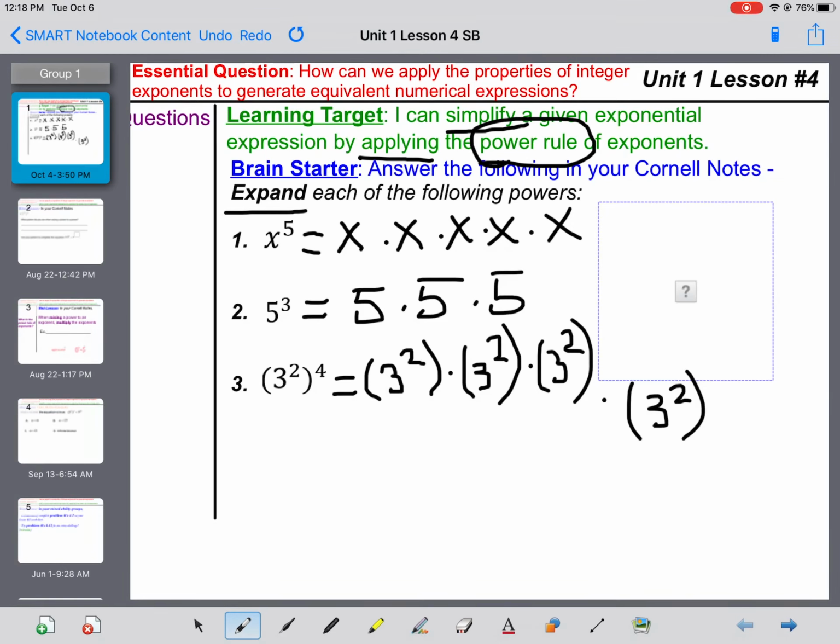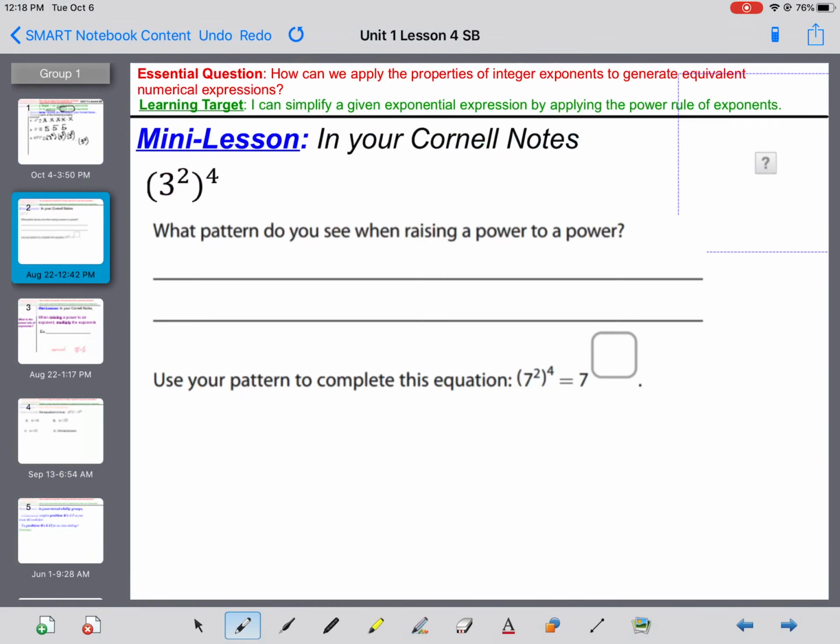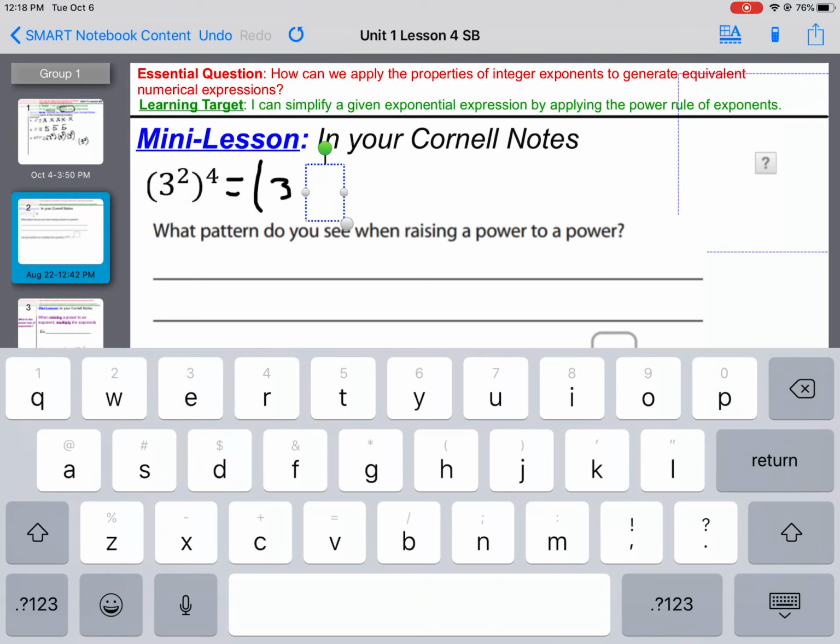And then we're going to get into this kind of example a little bit more in depth on the next slide. So we see the same exact example from the brain starter. So if we were to write it out again, we would have 3 squared.